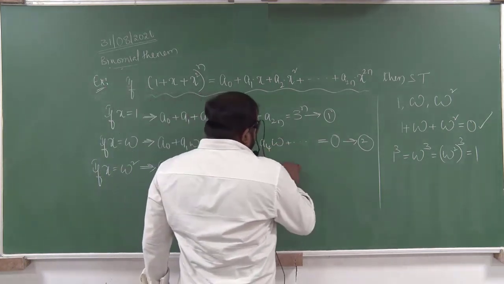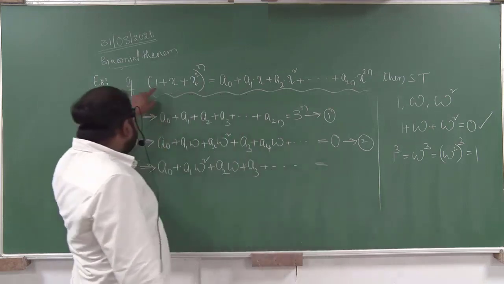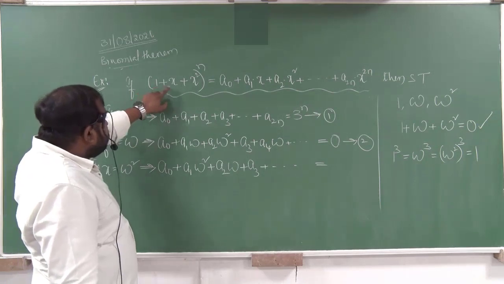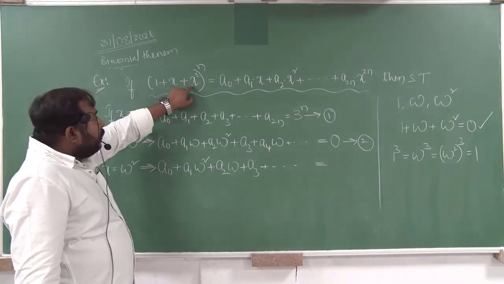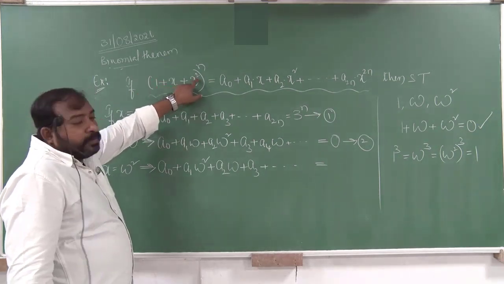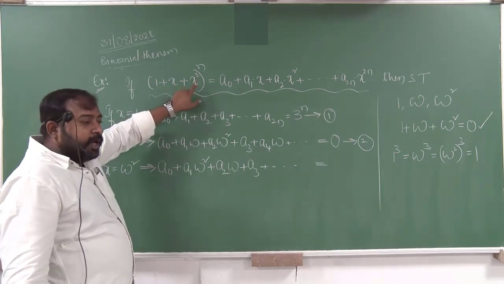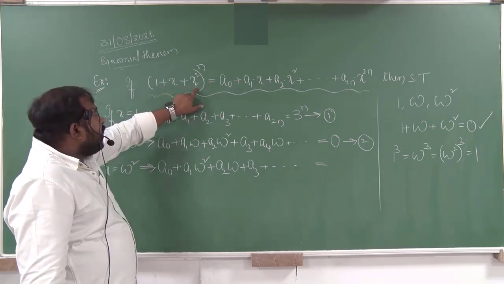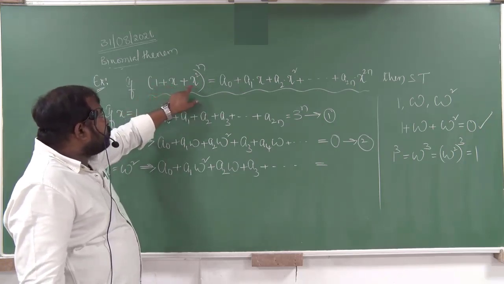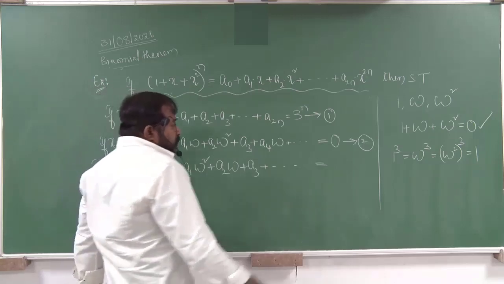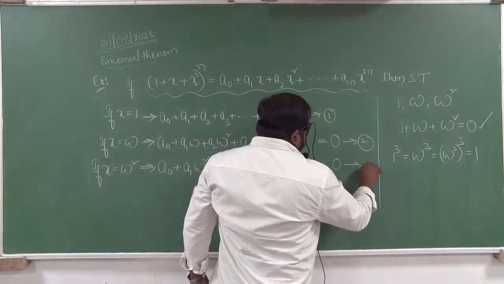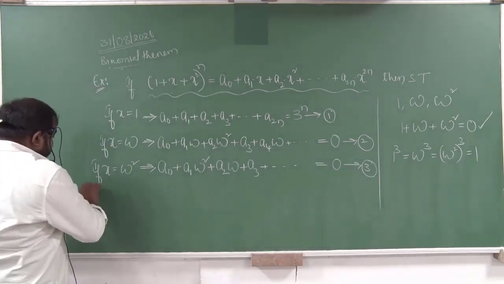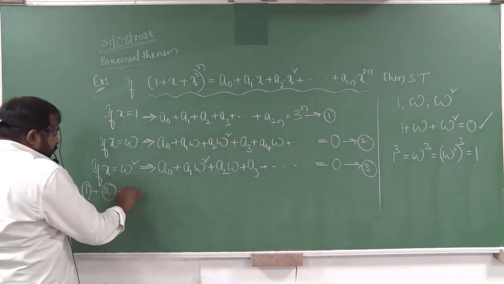Plus so on is equal to. What about this value? If you replace x is equal to omega square, 1 plus omega square whole square means omega power 4, and omega power 4 means omega you will get. So 1 plus omega square plus omega means nothing but 0. So this is the value 0 you will get. Equation number 3.